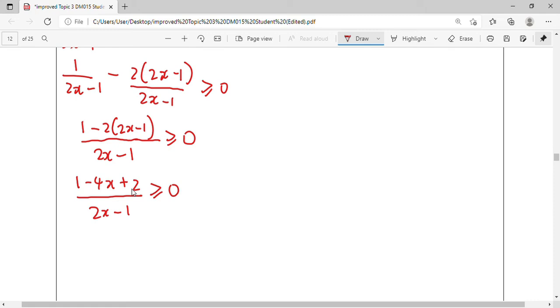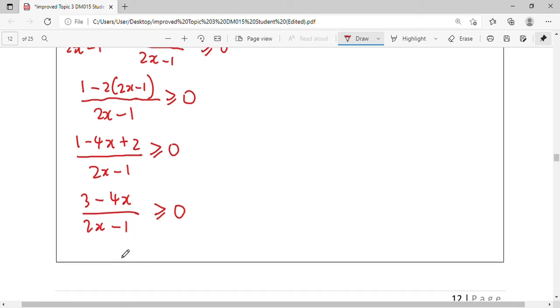Then you simplify and get 3 minus 4x over 2x minus 1 greater or equal to 0. Nice, because you already have the function in the form of factors: the numerator is already factors and the denominator is also in the form of factors.